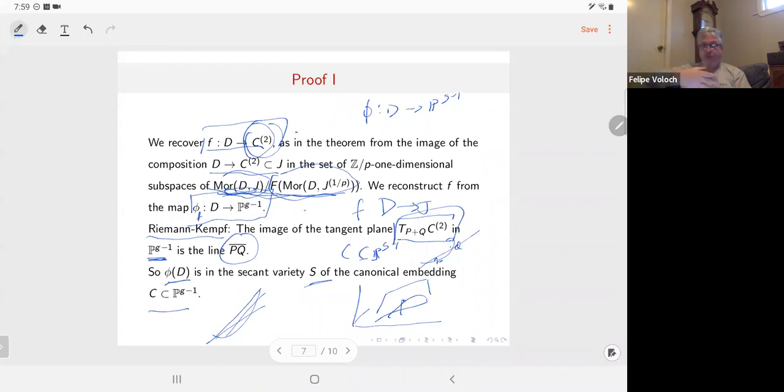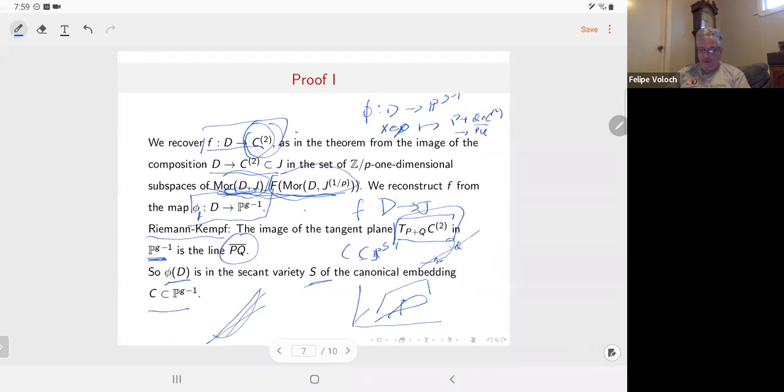So when you projectivize, a point X in D gets mapped to a point P plus Q in C2, and then that gets mapped to the line.